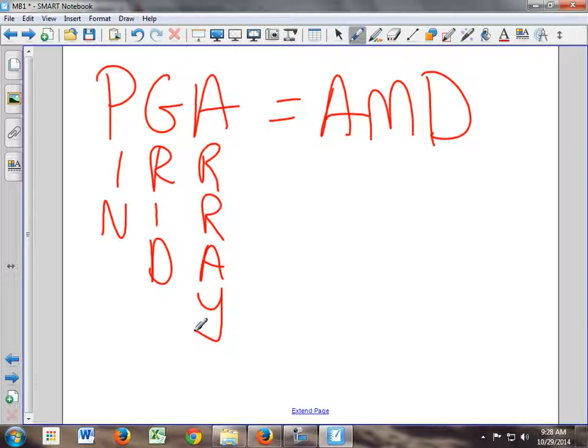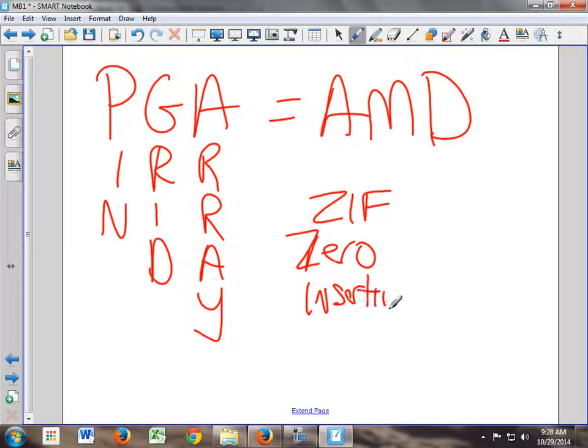Okay? If there's pins on it, it's a PGA socket. PGA sockets are also called ZIF sockets. That stands for zero insertion force. This is definitely a test question, by the way. Zero insertion force is what a ZIF socket is. Okay, and it's a PGA. This one is PGA.